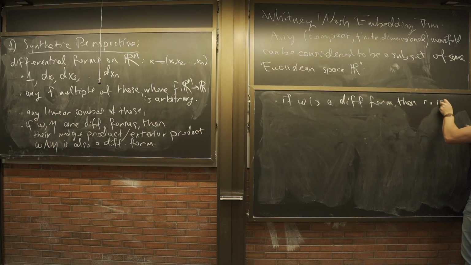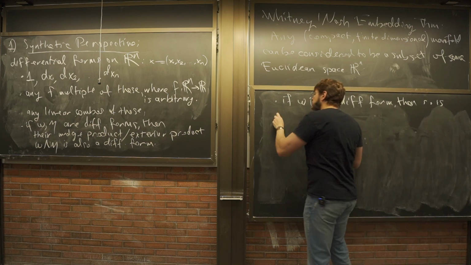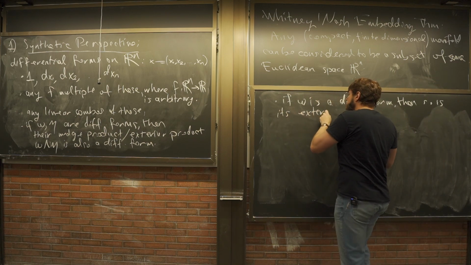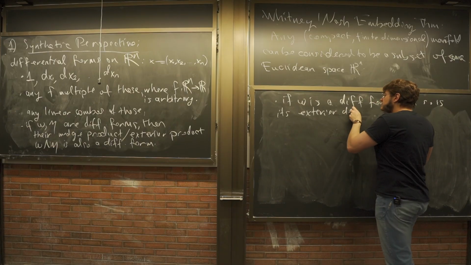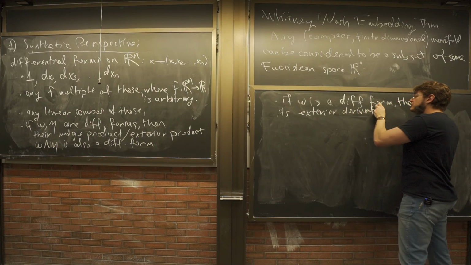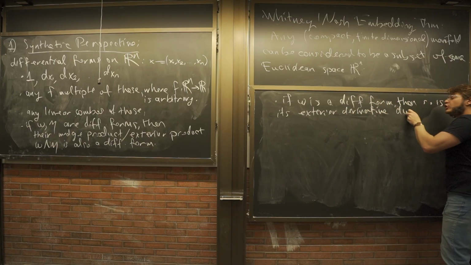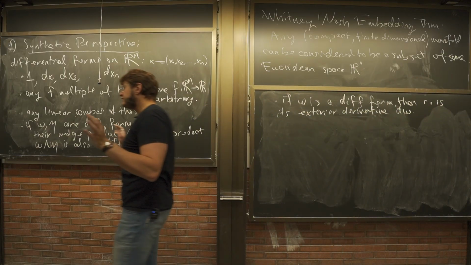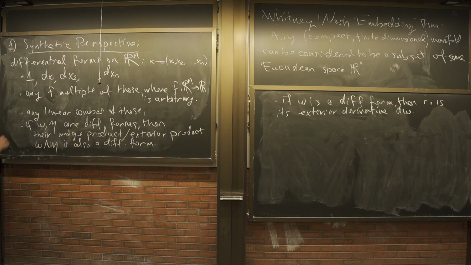And so is its exterior derivative, d omega. We're going to write it d omega. I didn't tell you how to compute this yet, but we're going to make sense of it.